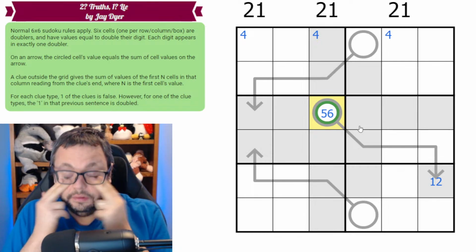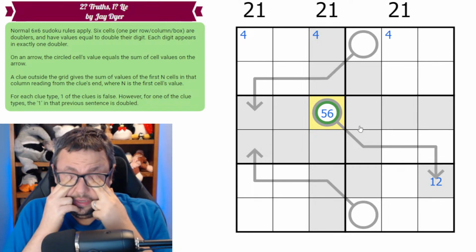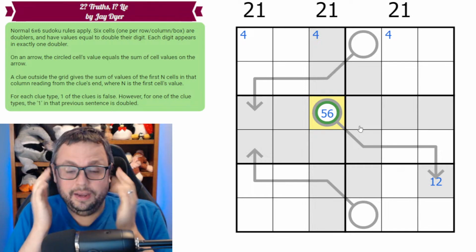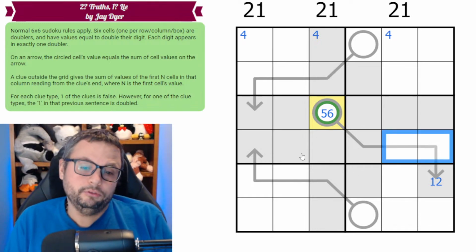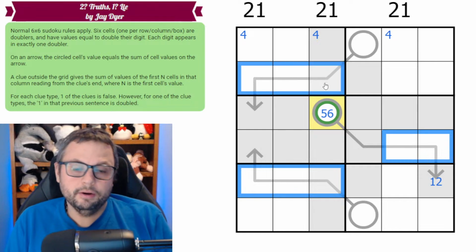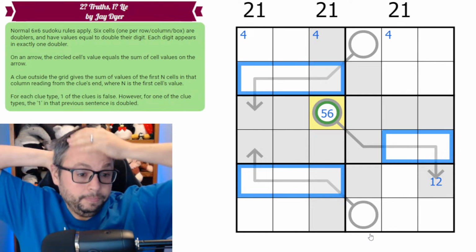So it is true to say that I can't use the double 3 anywhere. So the double 1 and the double 2 do both appear on these arrows.